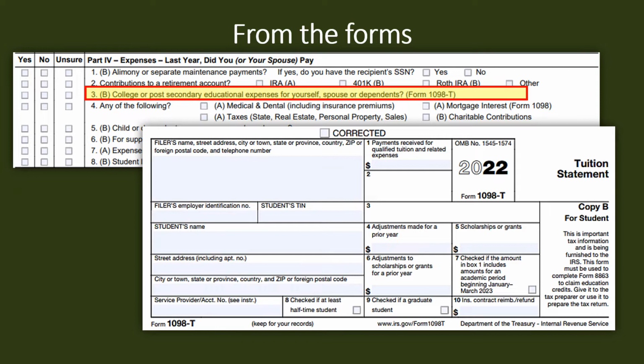So there, if they have that little box checked, we're going to be thinking, maybe this person is going to be taking education credits. And then there's also an informational form that our taxpayers will most likely be bringing in. It's this Form 1098-T for tuition, and that would be given to them by their educational institution.